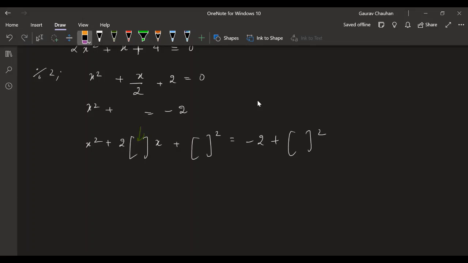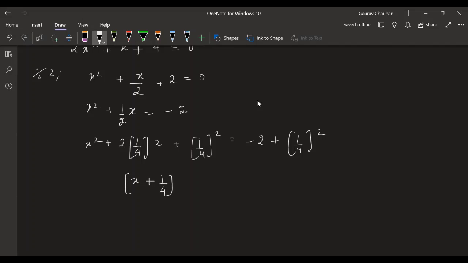I can write this as 1 by 2x. So I need to write something here so that I get 1 by 2. Basically, I end up writing 1 by 4, that's 1 by 2 by 2. So I have 1 by 4 square and 1 by 4 square here. Now my left side is cool. My left side gives me x plus 1 by 4 the whole square.